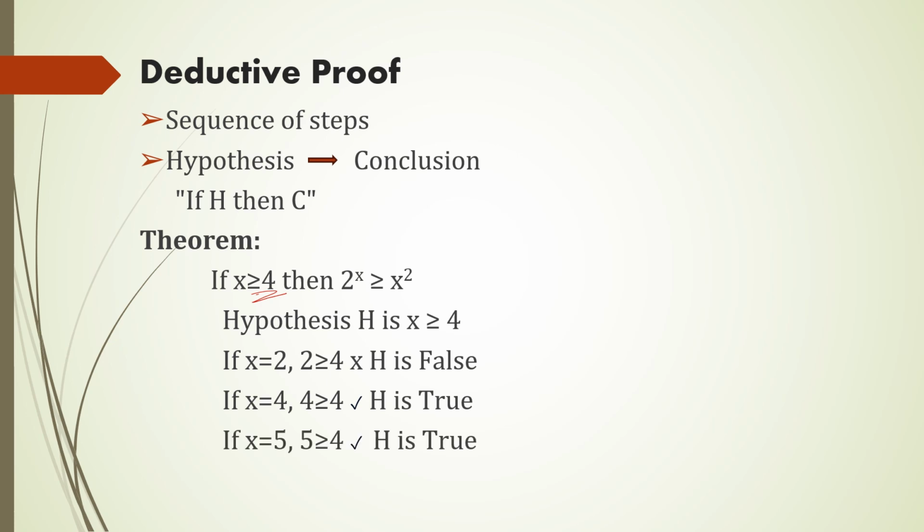If you take a higher value, x is equal to 5, again 5 is greater than or equal to 4, so the hypothesis is true. So the hypothesis can be proved for varying values of x greater than or equal to 4.